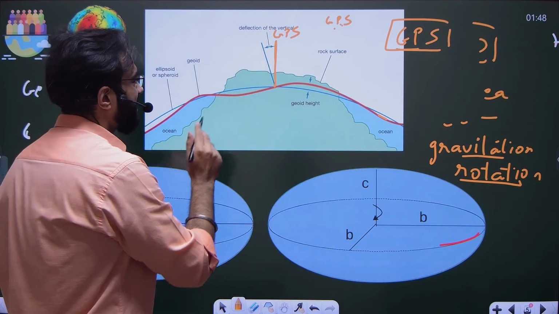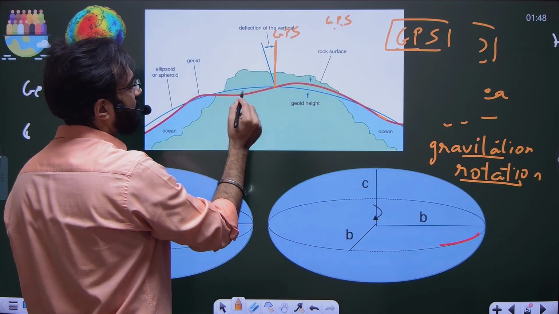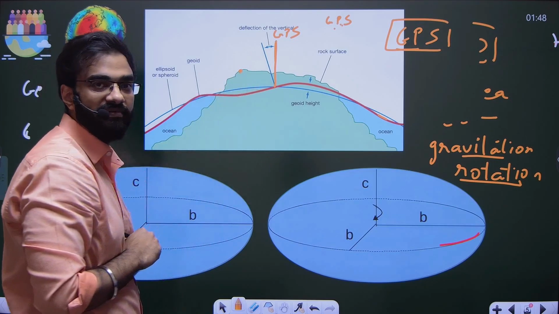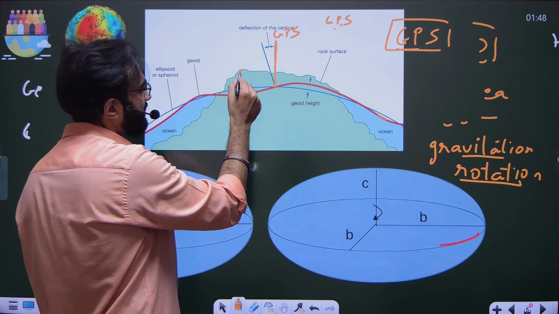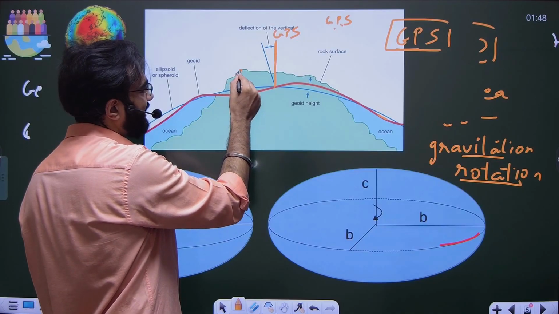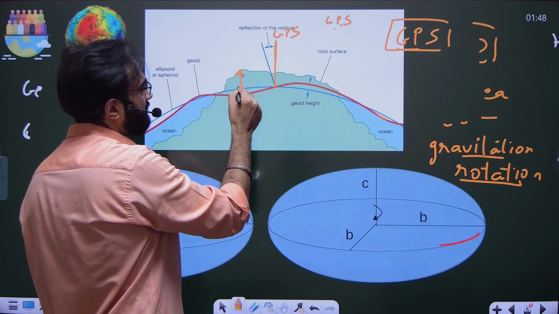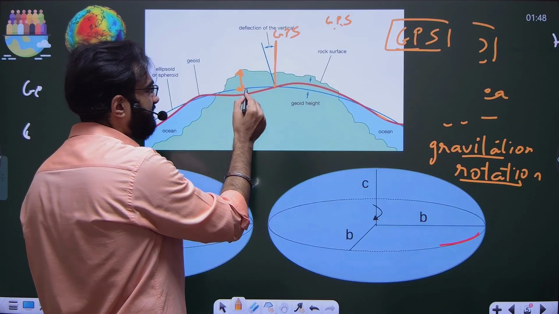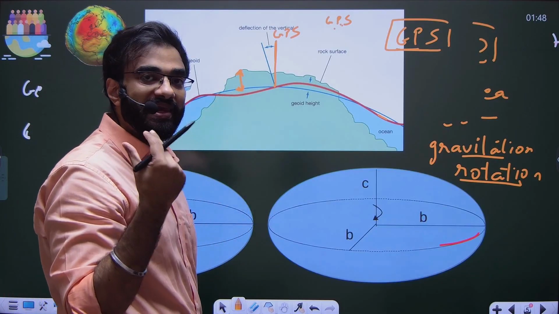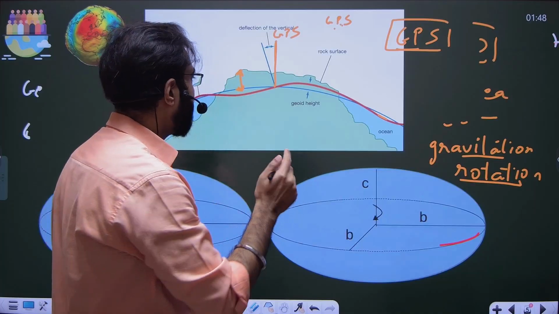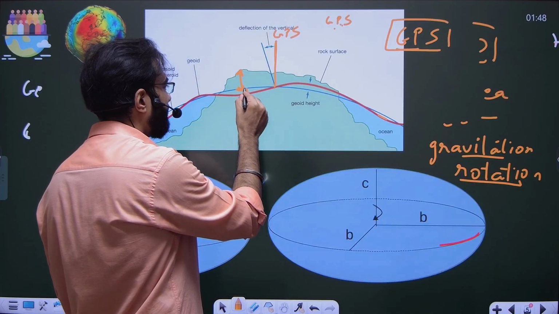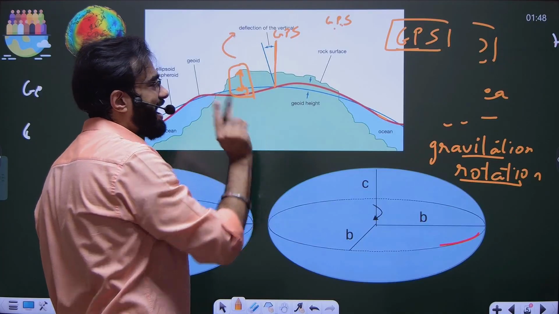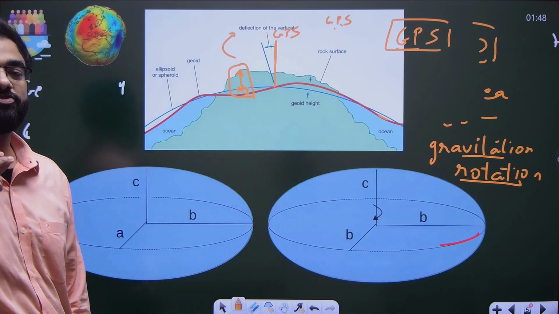So for example, if we have to find the elevation of this point above sea level, the GPS device can only detect the height from the ellipsoid. But for the actual elevation above sea level, we have to calculate this height and then add the two to get the actual elevation above sea level.